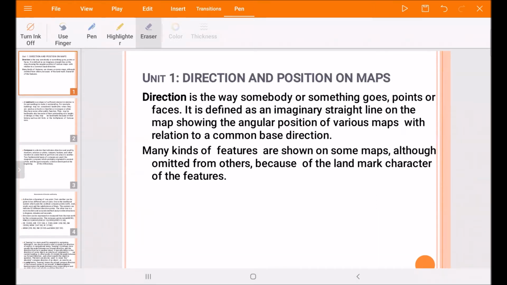There are also the major or basic directions: north, south, east, and west, called cardinal points. In between the cardinal points are northeast, southeast, northwest, and southwest, which are the intermediate points.